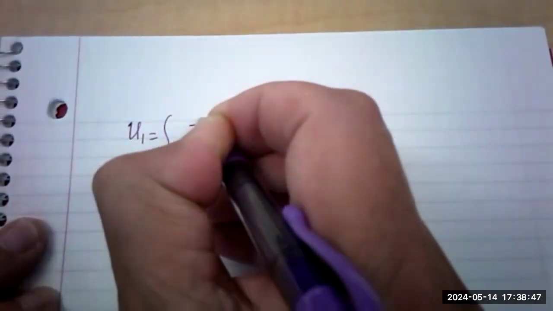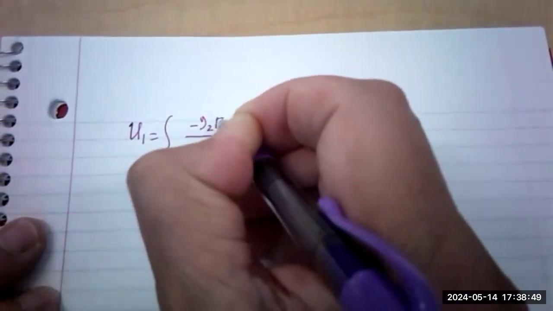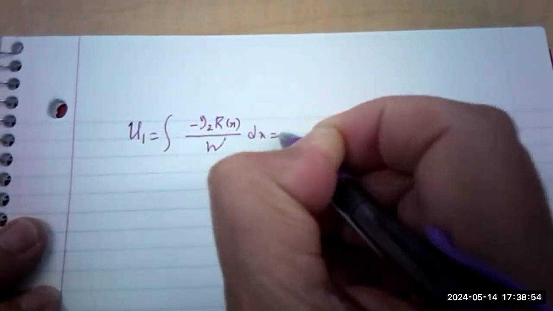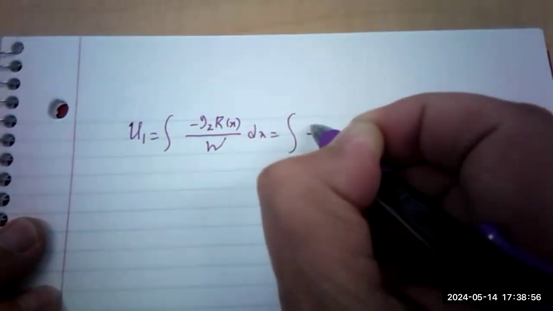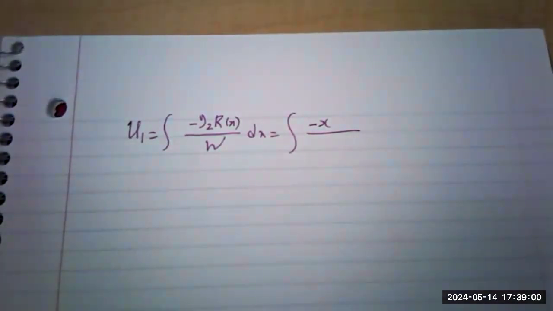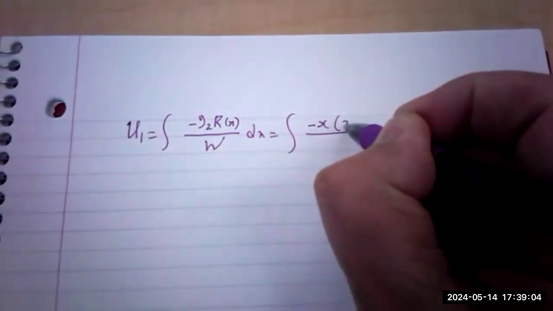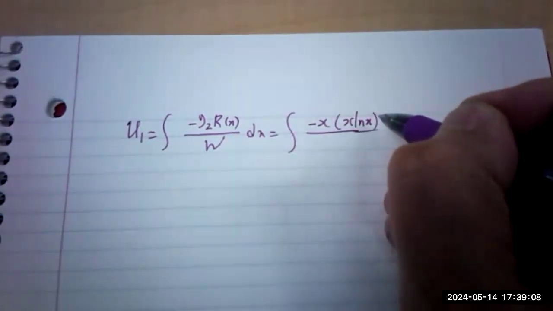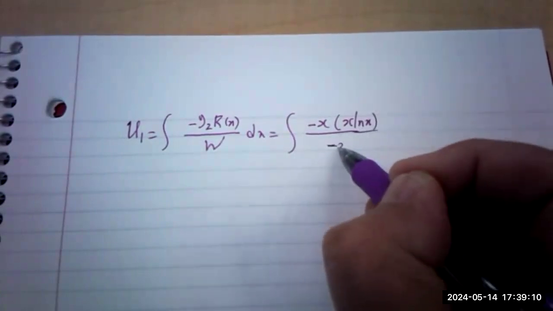So getting the u1. The u1 is the integral of negative y2 r(x) over the Wronskian dx. Your y2 was x, and we already took care of r(x), it's x ln x, and the Wronskian is negative x squared.